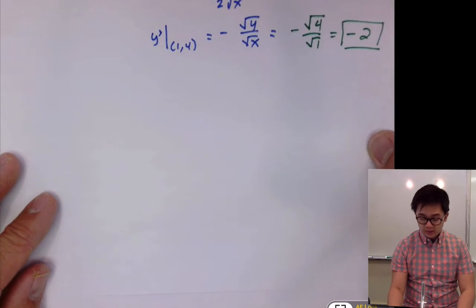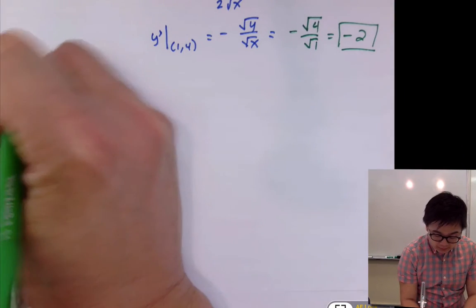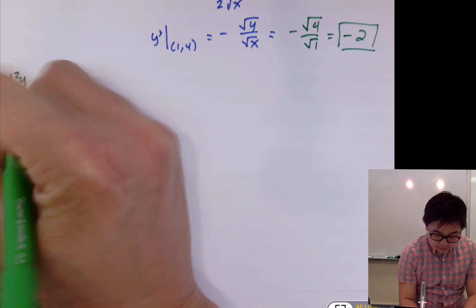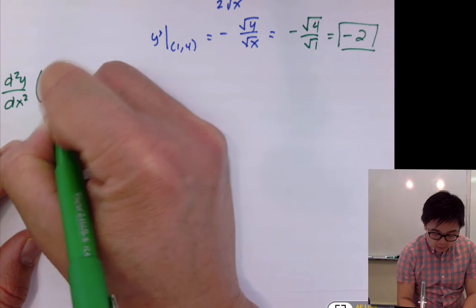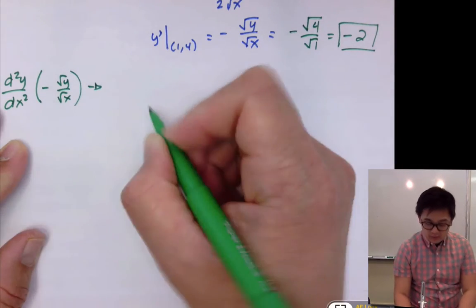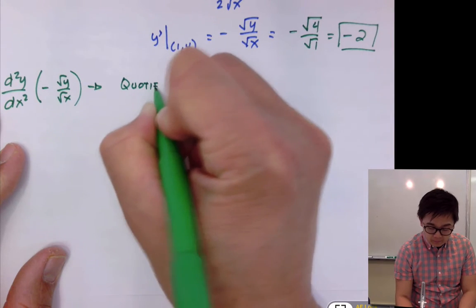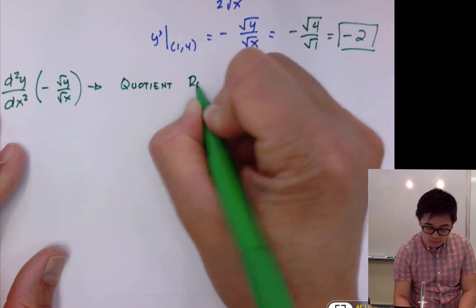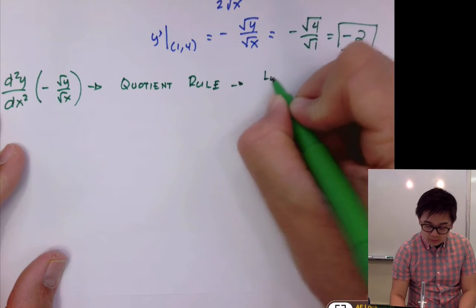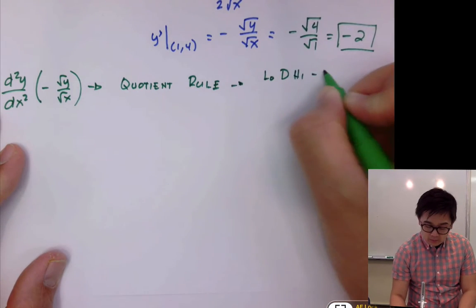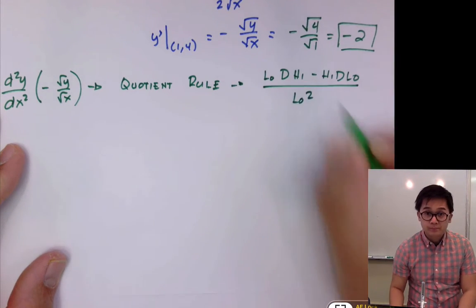So for the second derivative, we know that we're trying to find d squared y all over dx squared of negative square root of y all over square root of x. So in this case, I will use the quotient rule once again. And quotient rule is simply low d high minus high d low all over low squared.